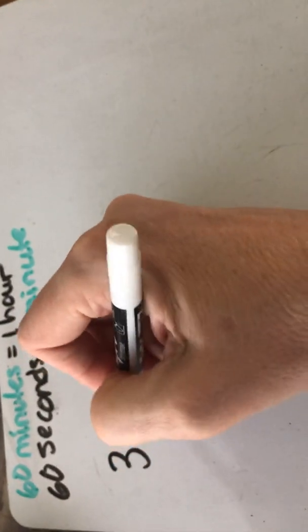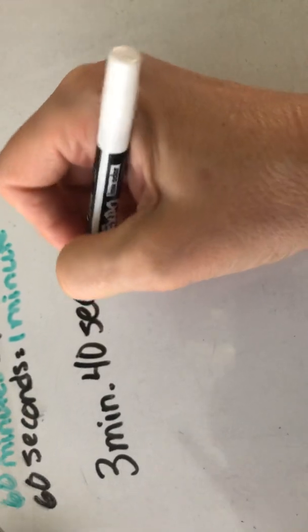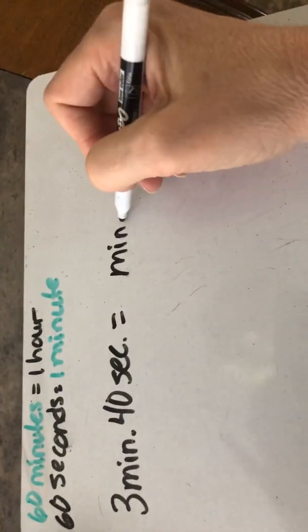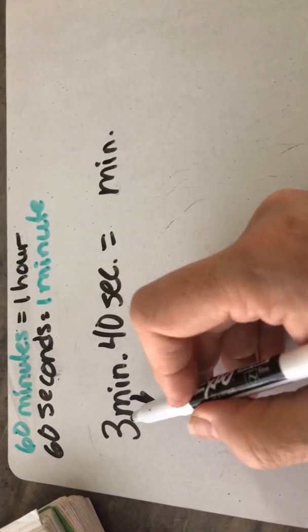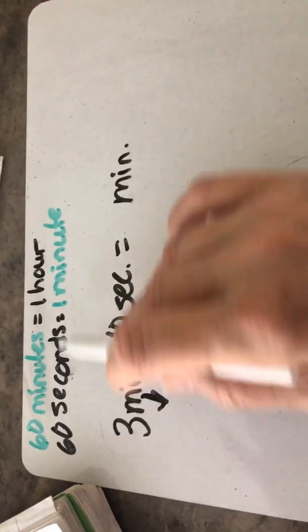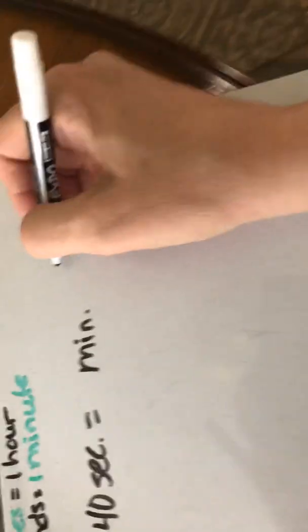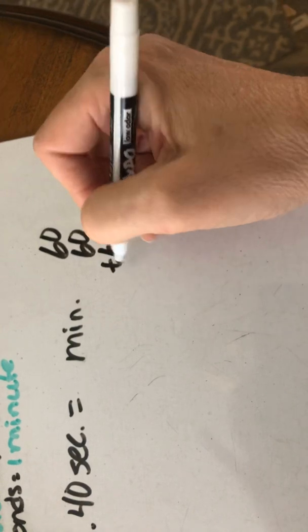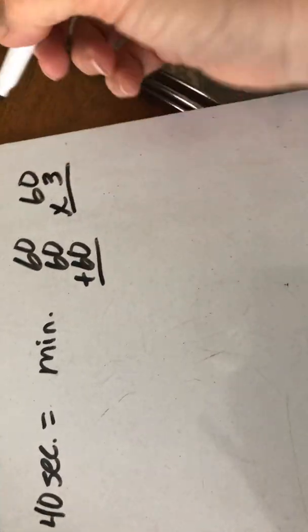If we have 3 minutes, and I'm abbreviating here, and 40 seconds, and we want to know how many seconds that is all together, well, if we know there are 60 seconds in 1 minute, how many seconds would there be in 3 minutes? Well, you could do 60 plus 60 plus 60, or you could do 60 times 3.